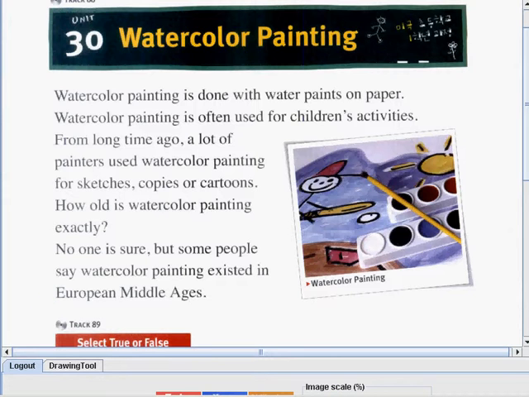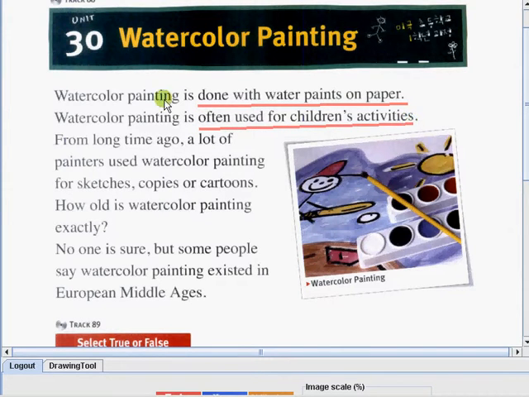Now, let's have a quick review. It says here that watercolor painting is done with water paints on paper, and it is often used for children's activities.